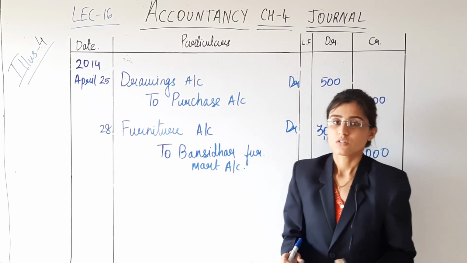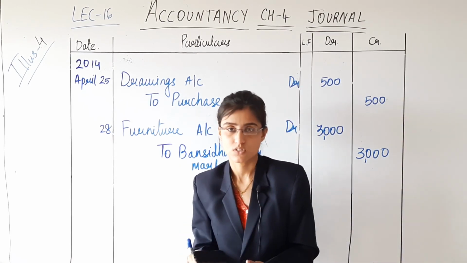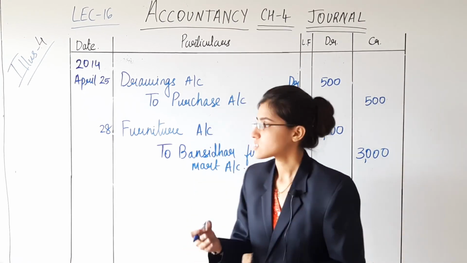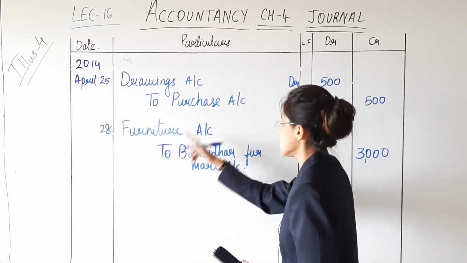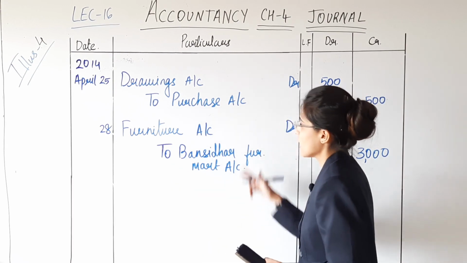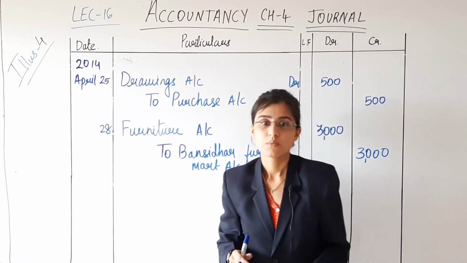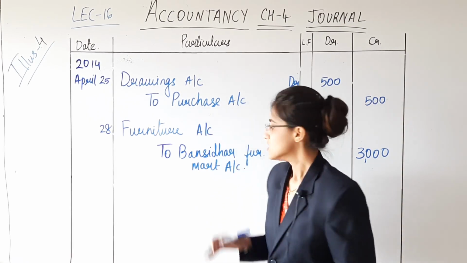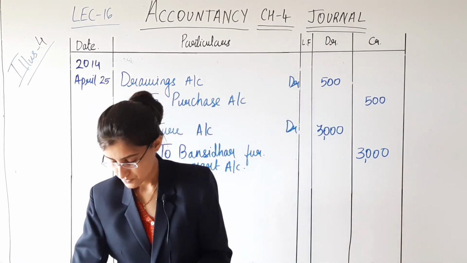This transaction does not highlight the word paid, received or any such cash. So, this is the credit transaction, and in the credit transaction always the name of the party is mentioned, and out of the two effects, one effect is always about the name of the person or name of the institute. Yes. So, Bansidhar Furniture Mart is the giver and hence it has been credited.